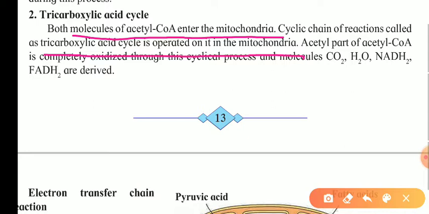The process called the tricarboxylic acid cycle takes place in the mitochondria.